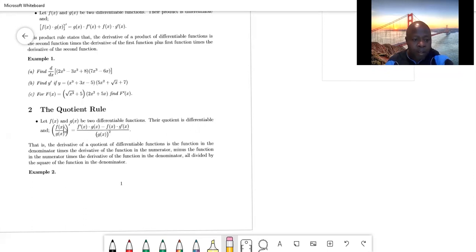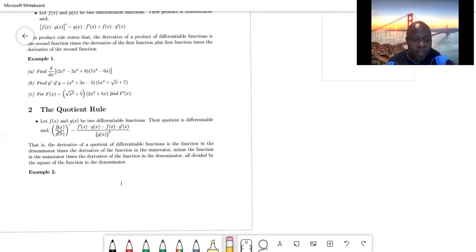We get it by taking the derivative of the numerator times the denominator, minus the numerator times the derivative of the denominator, and then over the denominator squared. So that's how we do it.